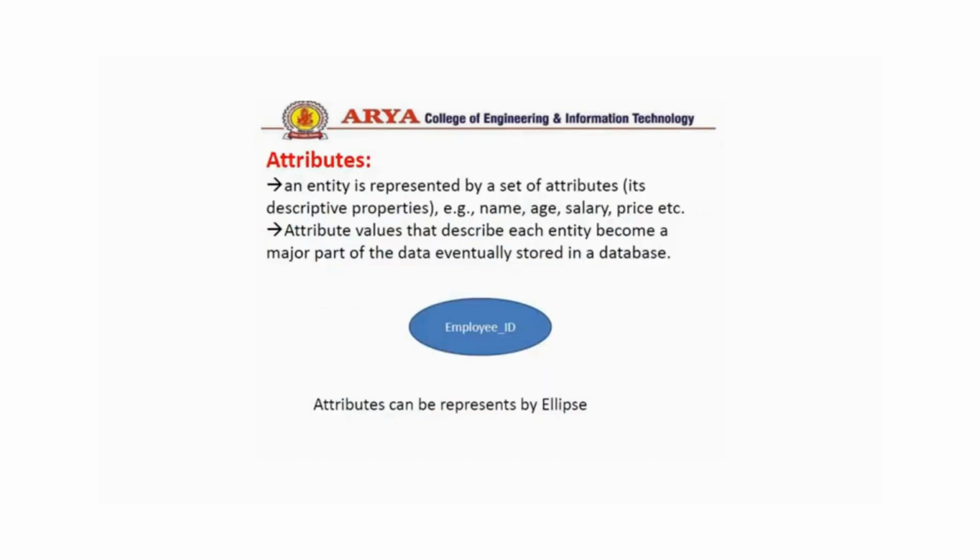What is an attribute? An attribute represents a characteristic of an entity, or it is a behavior. An entity is represented by a set of attributes. For example, when we study the employee, then employee name, employee ID, employee age, salary of employee are the attributes of the employee table. When we discuss the student entity set, student ID, name of a student, student age, marks of the student are the attributes of the entity set.